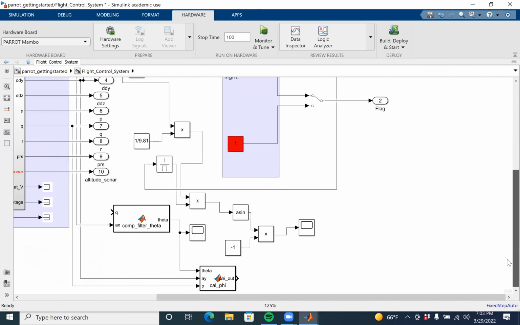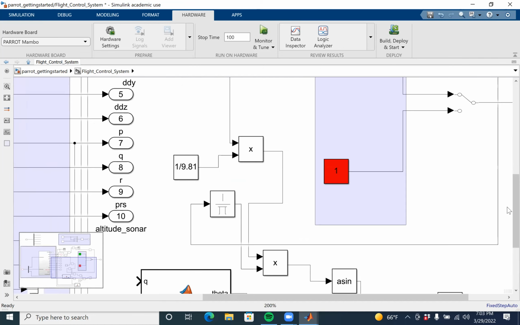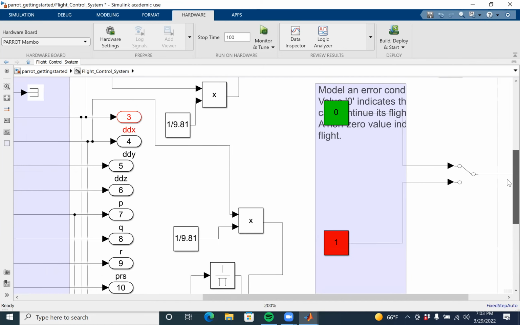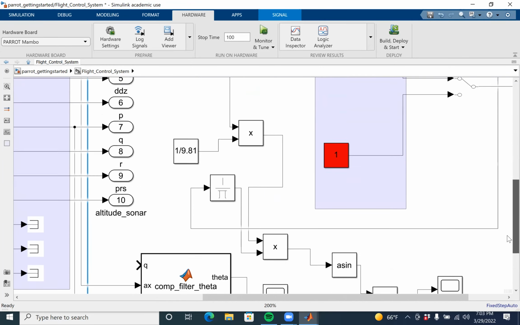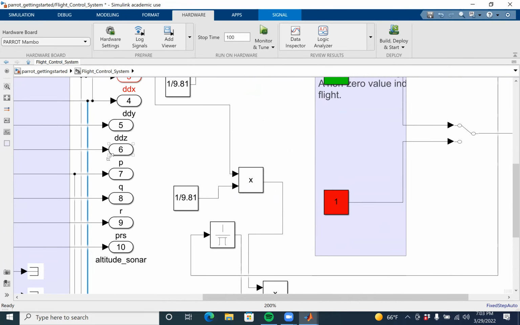Okay, so theta is connected, correct. AY should be connected. Let me see. So this is DDX, DDY. DDY is connected to AY. That is correct. Then DDZ is this. This is P. This is Q, right?